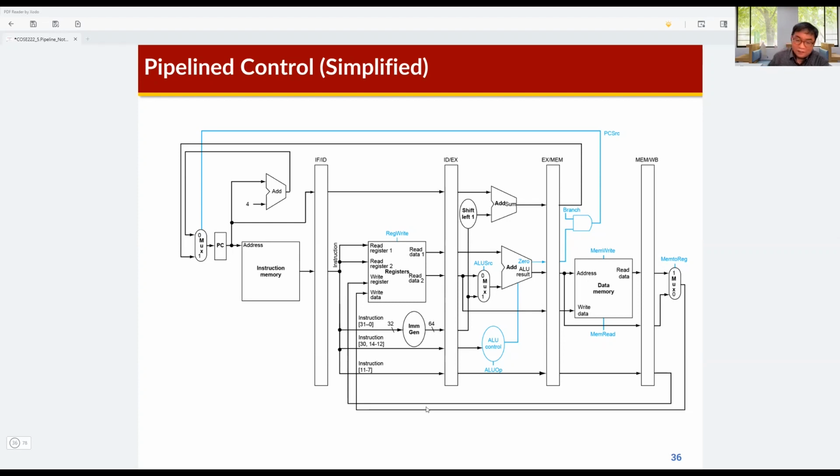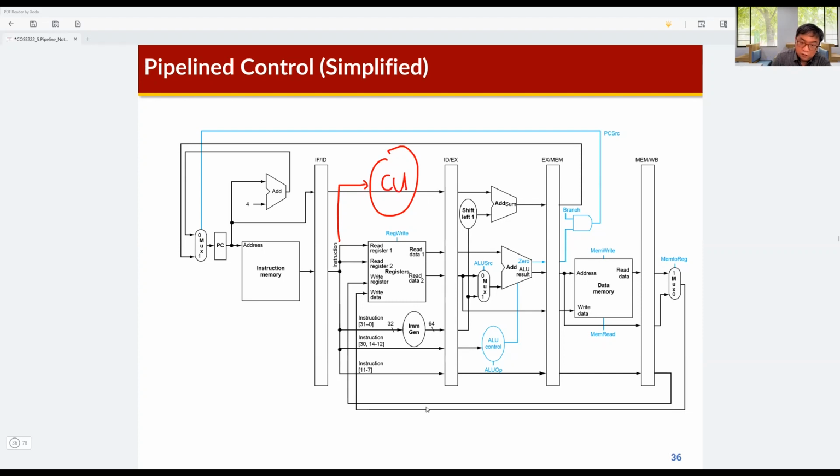Then, like the control unit of a single cycle processor, we need to connect these control signals. And how? Actually, same. In the single cycle processor, the control unit is here, and then instructions are given to this control unit.